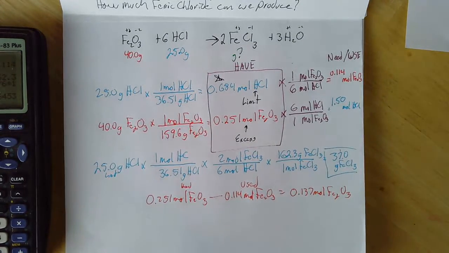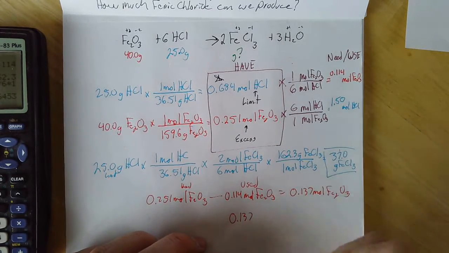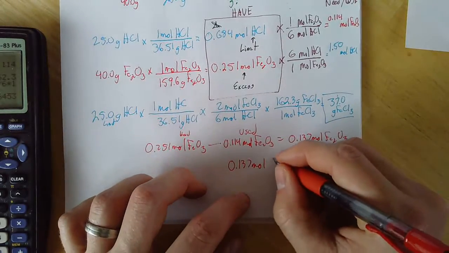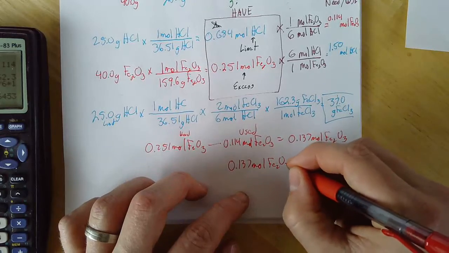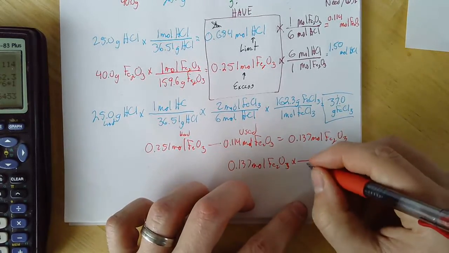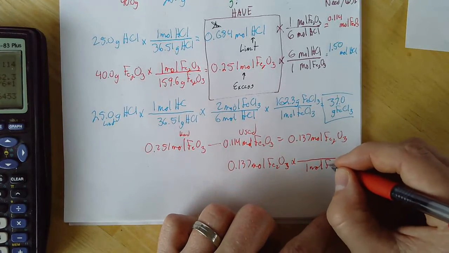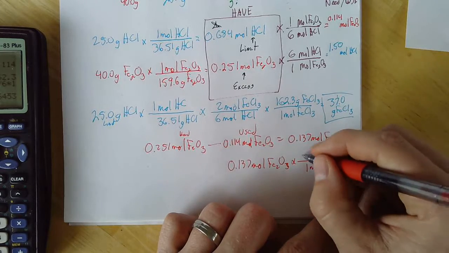Now, if we want to convert that to grams, then we can just take that 0.137 moles of Fe2O3, and I would do this as one long problem, except I ran out of space, and do the molar mass, so 1 mole of Fe2O3 over, let's see, what was my grams of Fe2O3? It's up there.